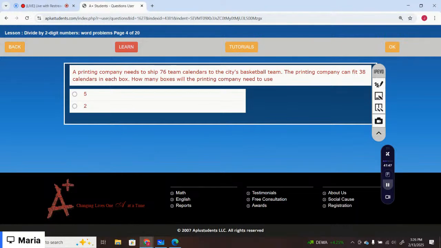So, which is the correct option? We have to divide 76 by 38.